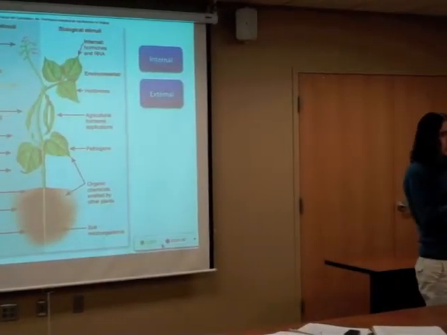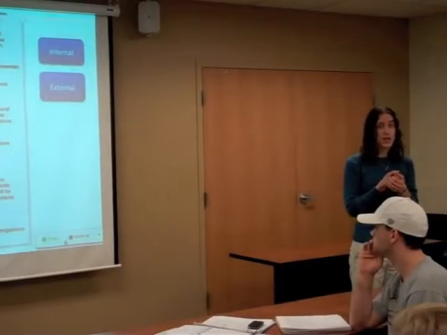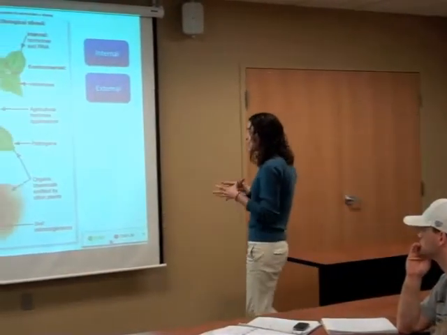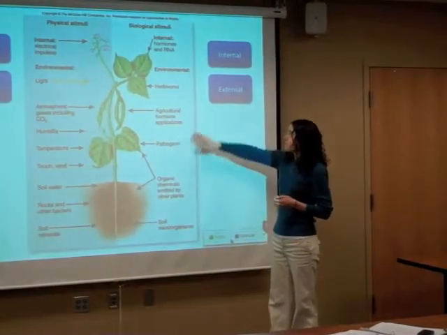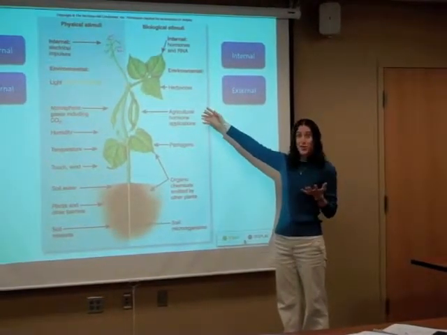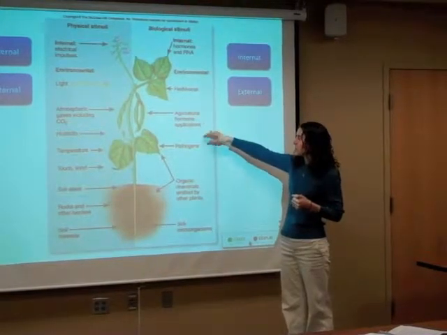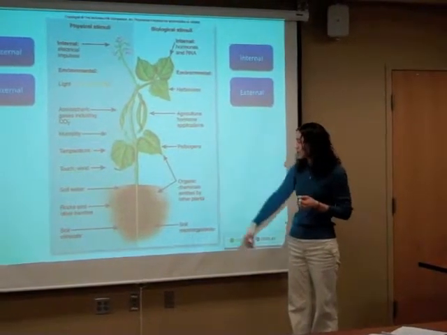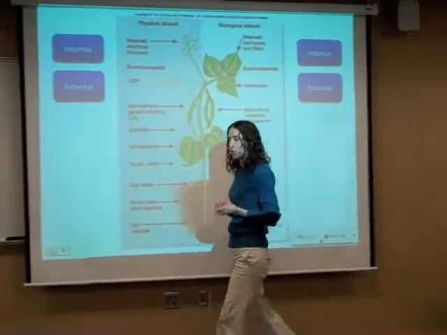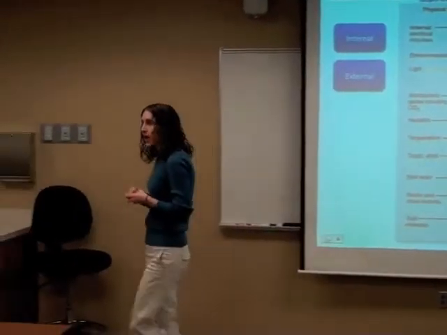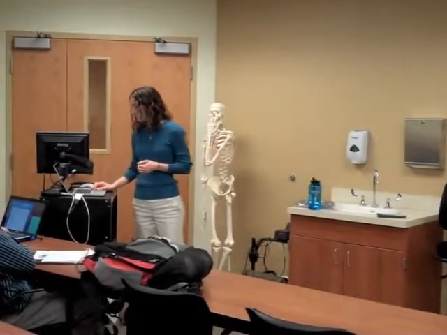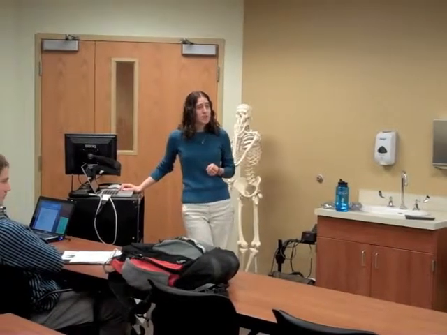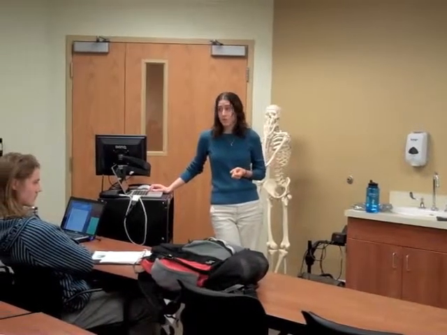They don't want to run into a rock and be damaged as a result of that. So being able to sense the rocks and barriers in the soil is helpful. You got herbivores or predators, and you also mentioned some pathogens and chemicals, agricultural pesticides as well, that could be part of what the plant is responding to. So the plant sensory response is very similar, in fact, to the animal sensory response.